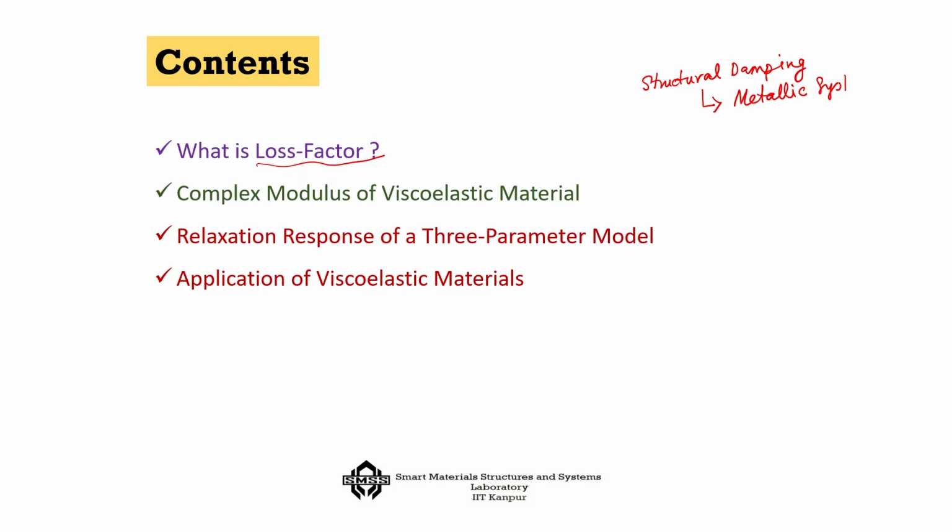So, if I use metallic systems for my structure, then this becomes important. On the other hand, there are other types of applications where polymers or plastics are used. In such a case, more than structural damping, what is important is the viscoelastic material.